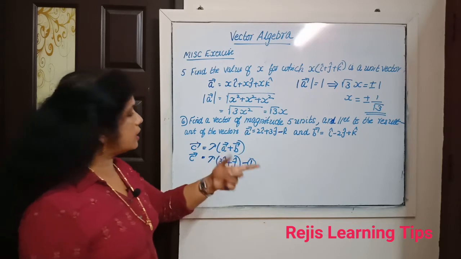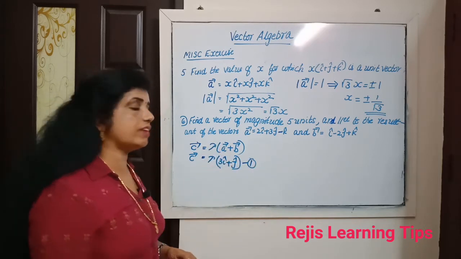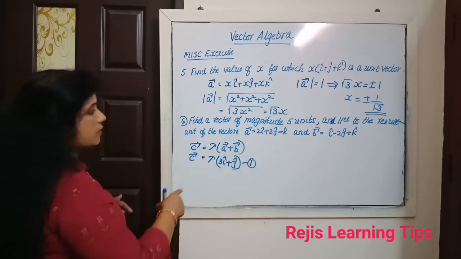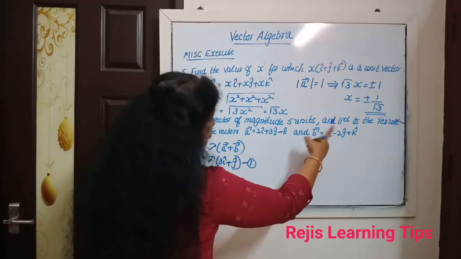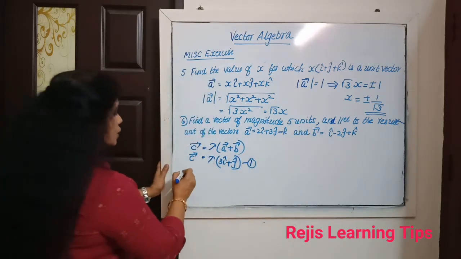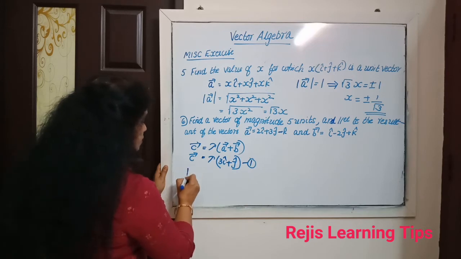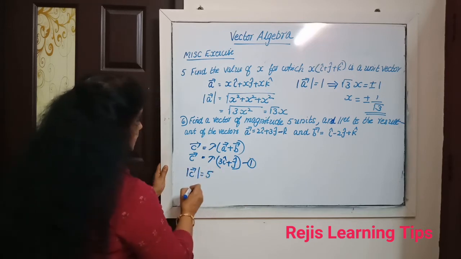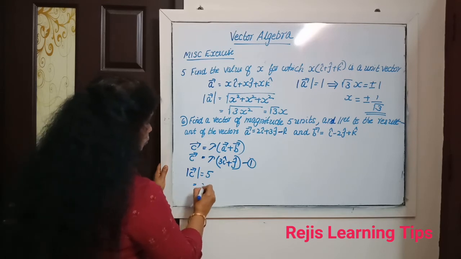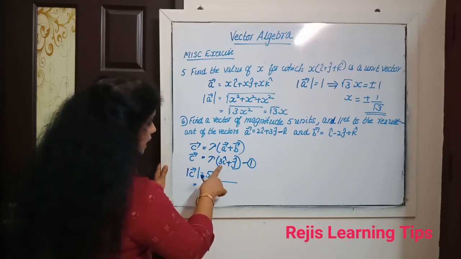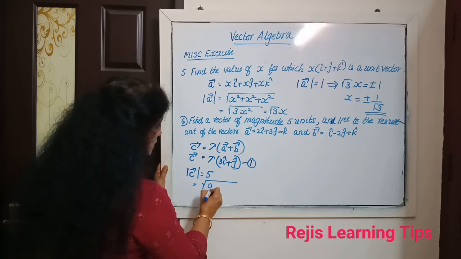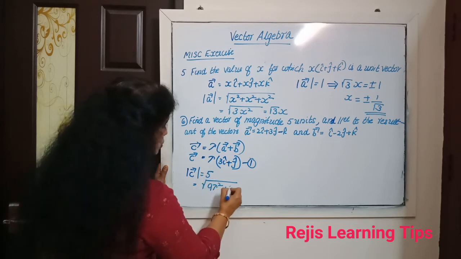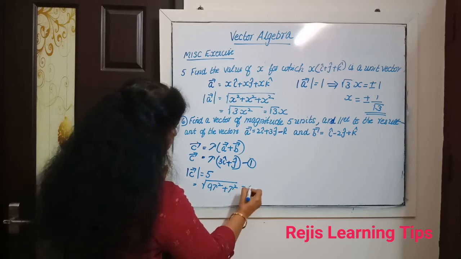Vector C is parallel to the resultant of vectors A and B. How can we find the value of lambda? Here the modulus is given. Modulus of the parallel vector is 5 units. So modulus of vector C is equal to 5 units. That means root of 3 lambda square, that is 9 lambda square plus lambda square, is equal to 5.